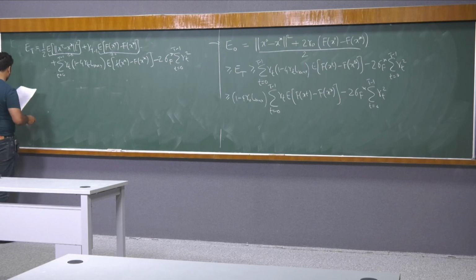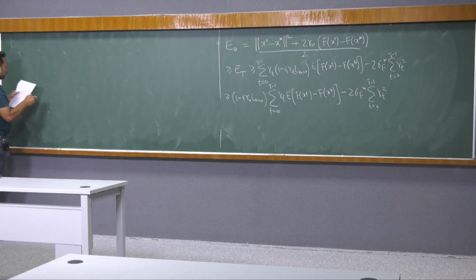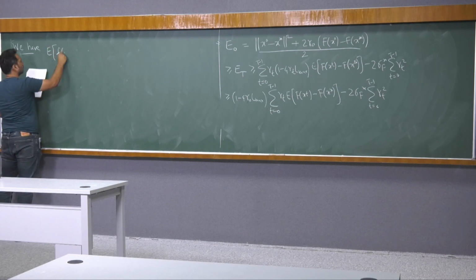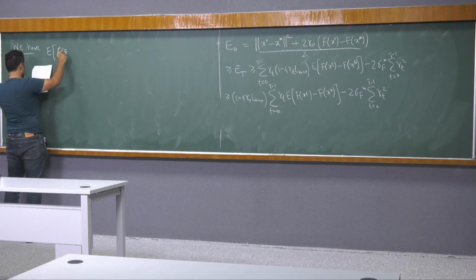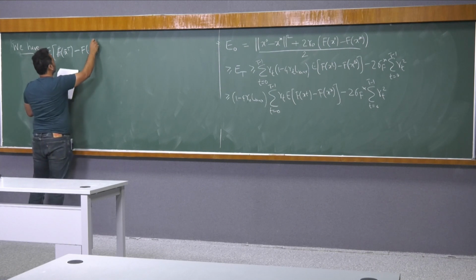So we go back to what we are supposed to prove. We have the expectation of f(x bar_T) minus f(x star).